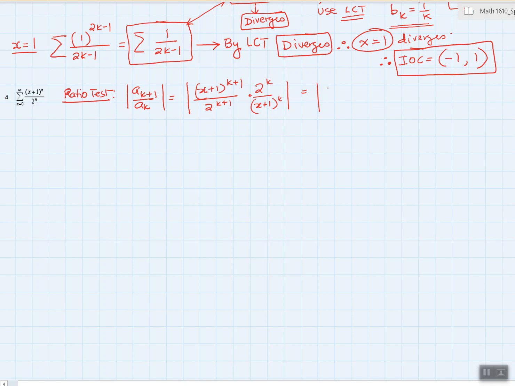So we get, we can do it straight, x plus 1 divided by 2.